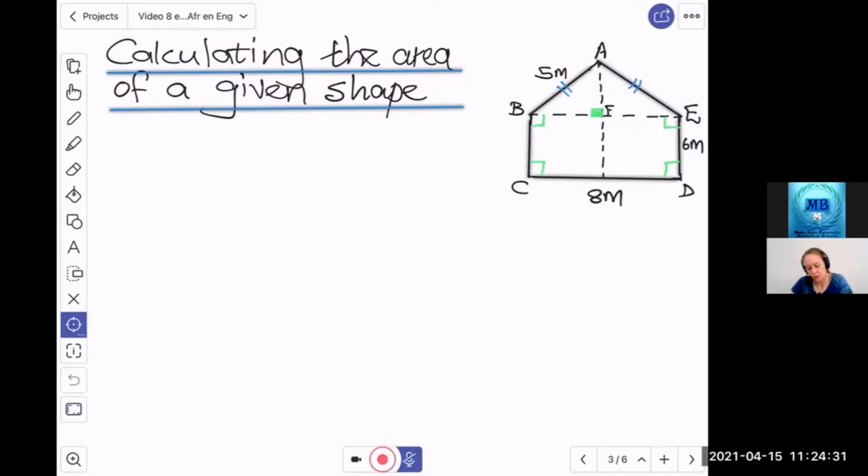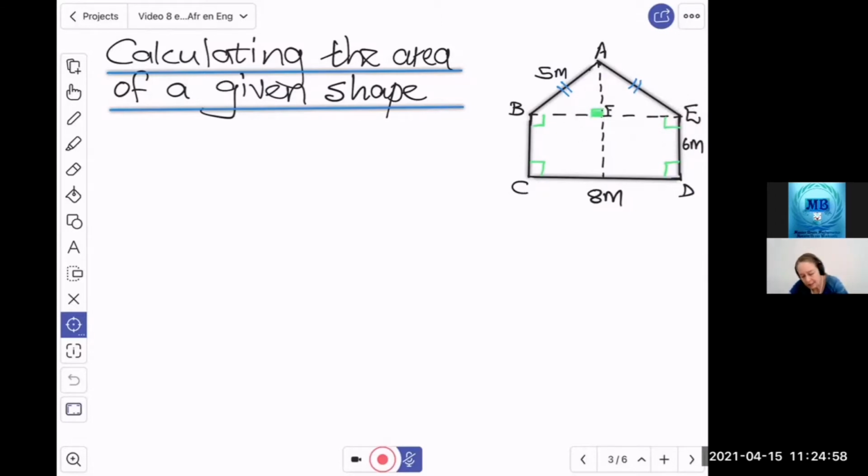So what we obviously need to do is break up the total shape into the separate ones that are combined to form the total one. In this case, we can recognize a triangle, and we can also see a rectangle because we are given the 90-degree angles. We also see that AF comes down perpendicular on BE, creating a 90-degree angle there.